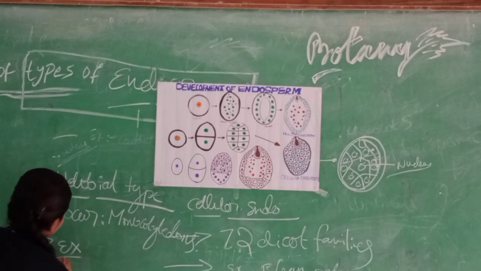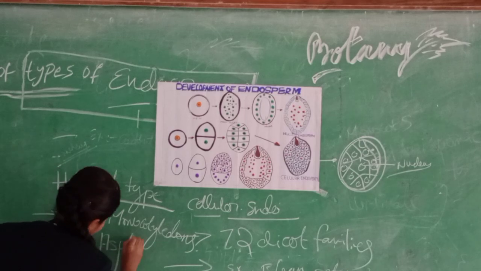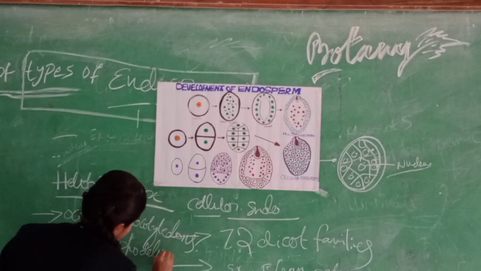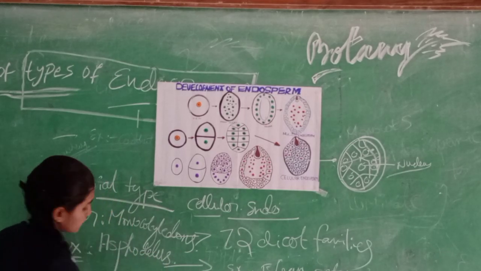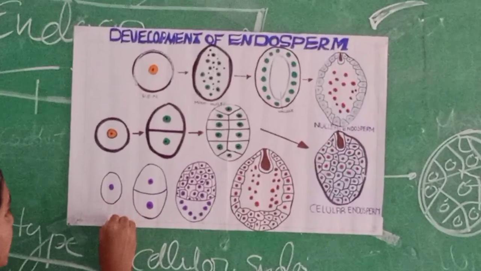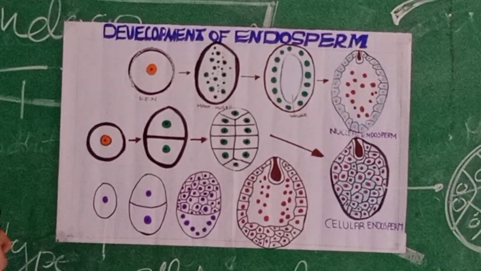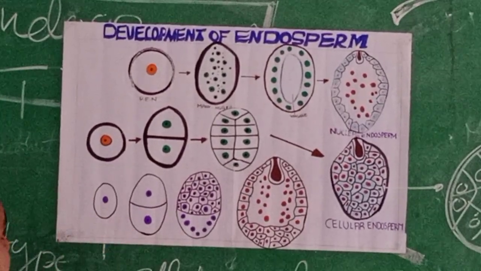The best example for helobial type is Asphodelus. Now what happens in this type? There is a primary endosperm nucleus which undergoes free nuclear divisions and further forms two unequal cells.